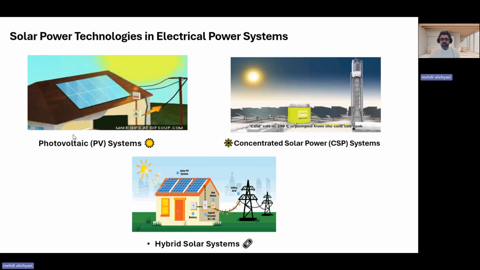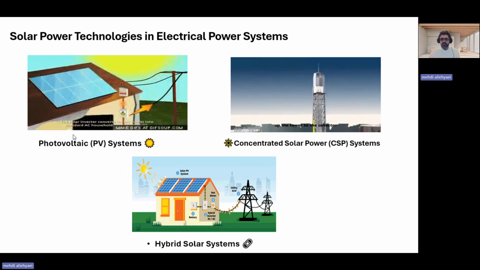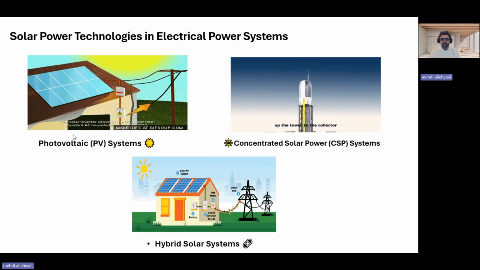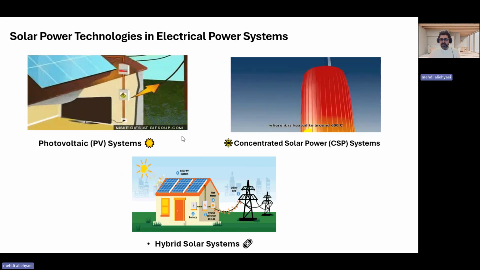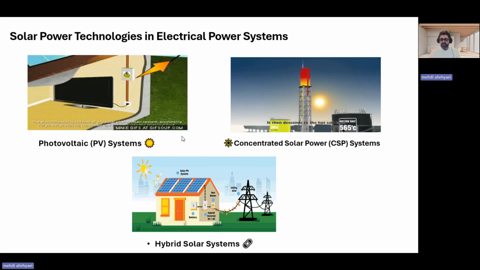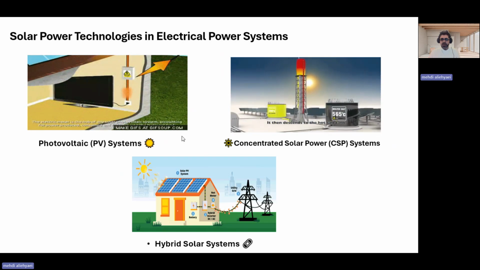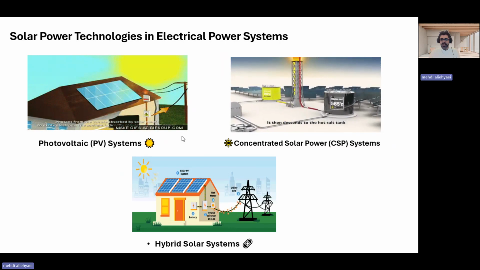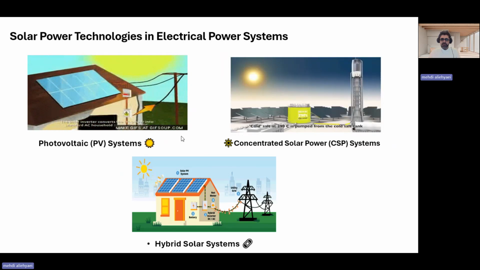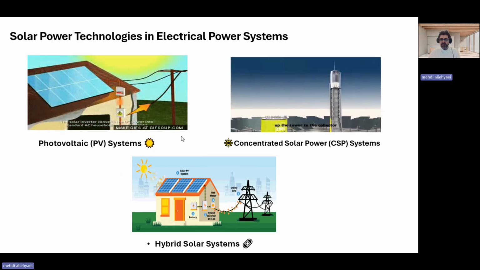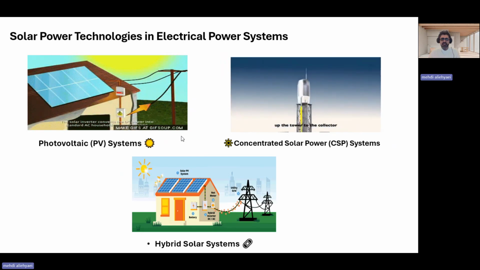They are widely used in small and large sizes because they are simple, flexible, and easy to install. And also we have concentrated solar power, CSP, systems that use mirrors or lenses to focus sunlight and produce heat. This heat is then used to generate electricity, often through a steam turbine.